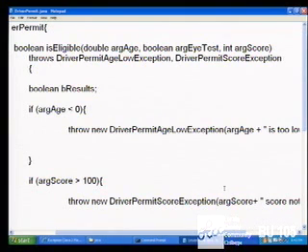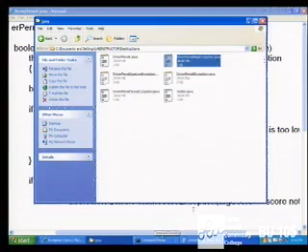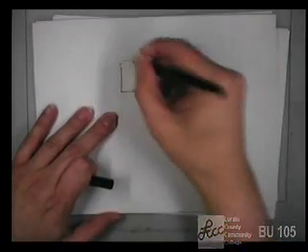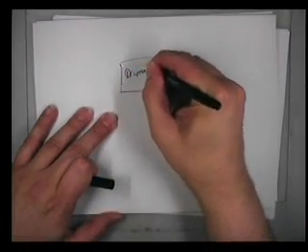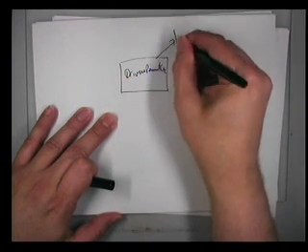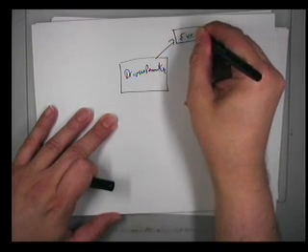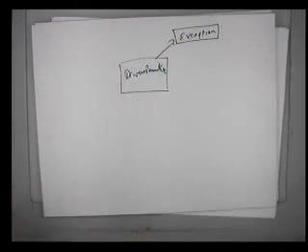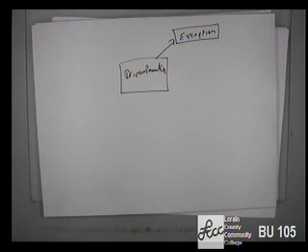All right, so let's look at this. Let me go and draw the diagram for this. I don't know if I used all these classes in this example or not, but I have a driver's permit exception that inherits from exception. So therefore, this is a checked exception. All right?